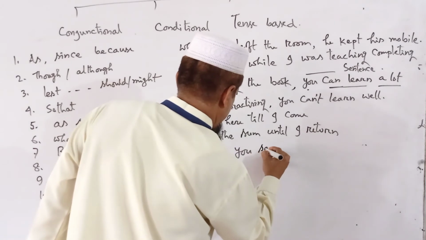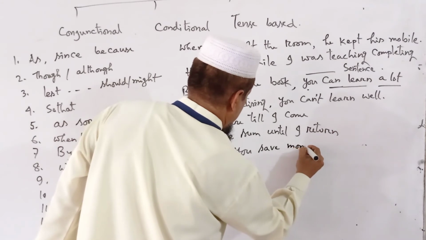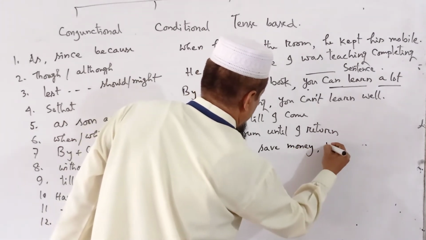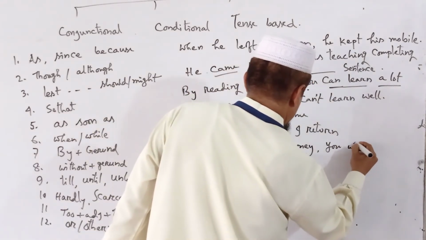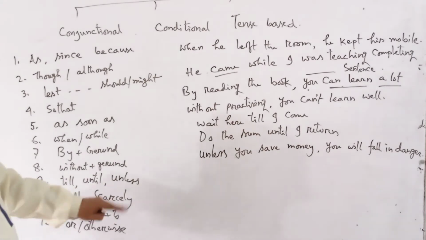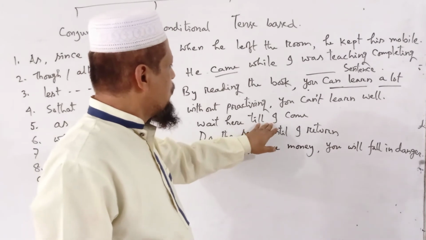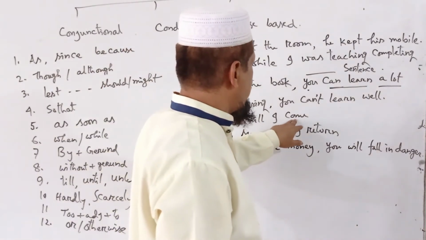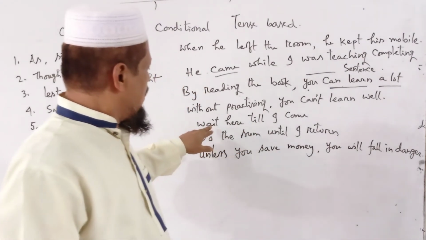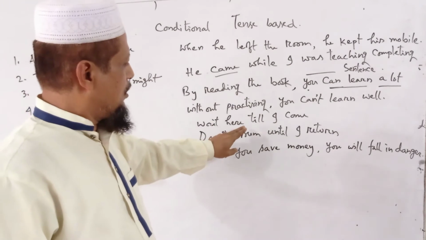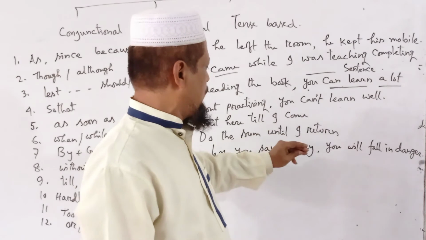Unless you save money. Till, until or unless. If the sentence is connected with till, then you will add only simple present form. Here the past clause will be simple present or simple future, but in all cases you will add only simple present form in case of till.